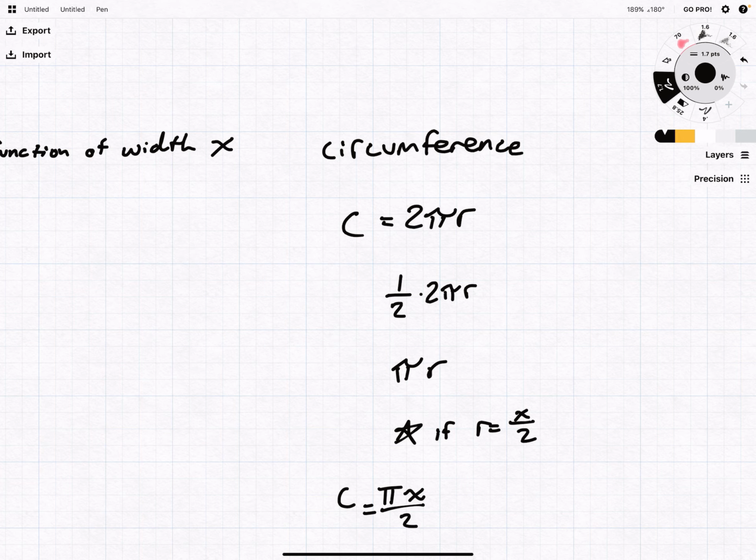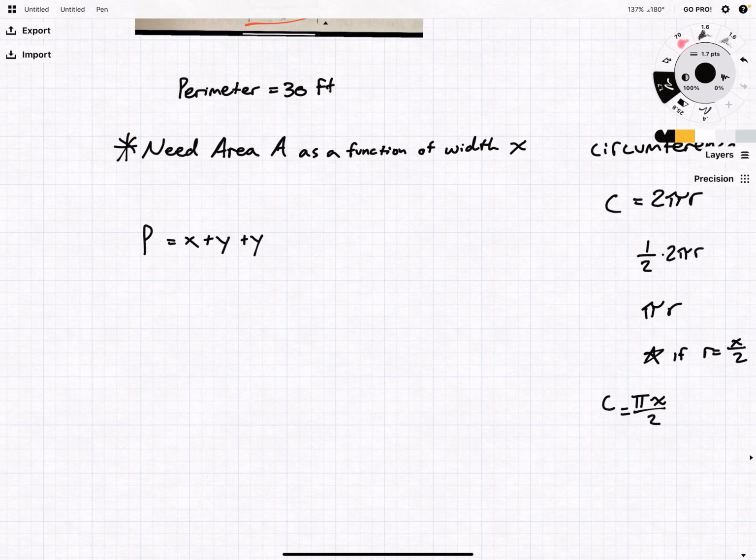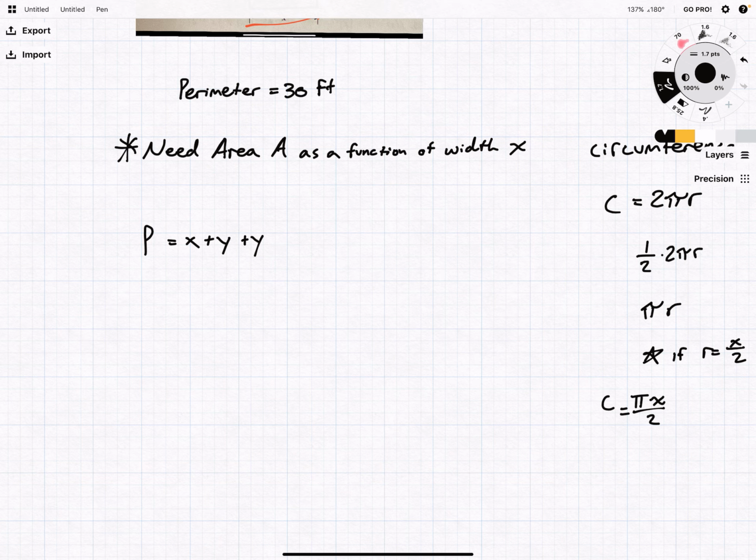Okay. So the total perimeter of this Norman window is going to be x plus y plus pi x over 2. Okay, let's go ahead and simplify it just a tiny bit.